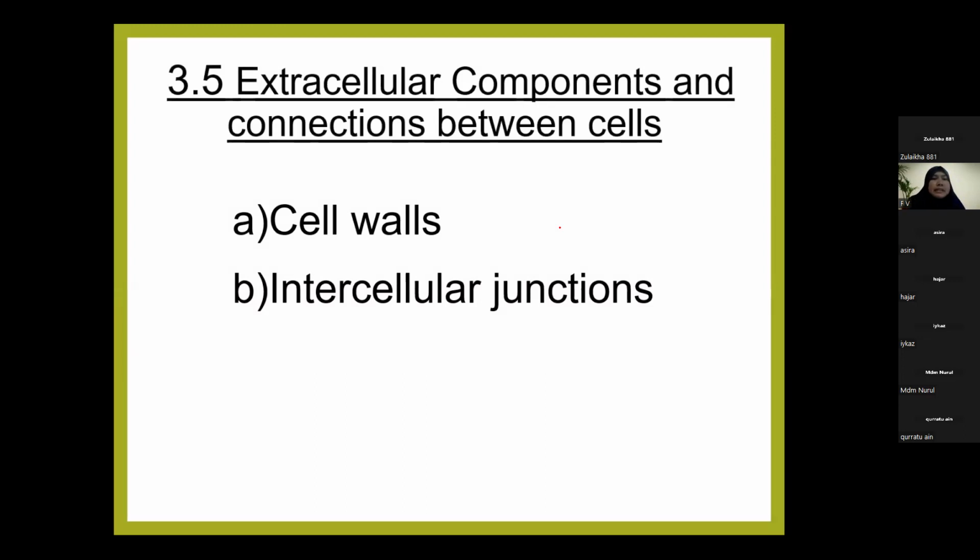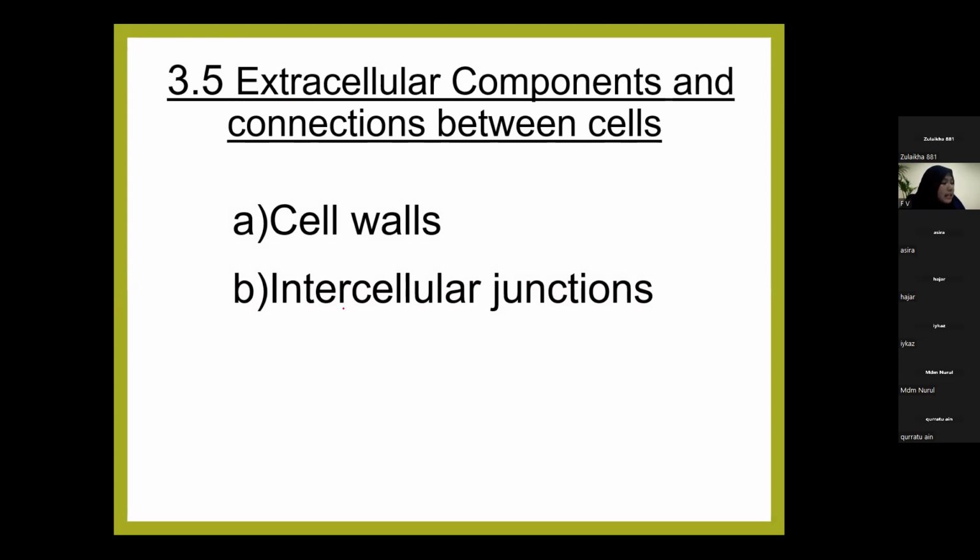Okay, next. Okay, so the cell wall is one of the extracellular component, right, between cells. Right, extracellular component, komponen tambahan yang menghubungkan ataupun komponen luar yang menghubungkan satu sel dengan sel yang lain. So number 1 is cell wall, number 2 is intercellular junction.